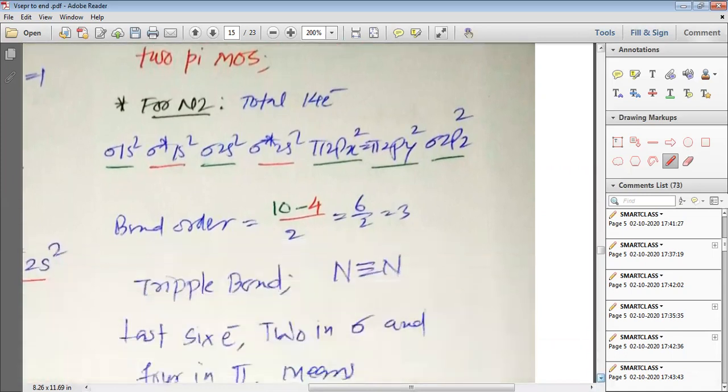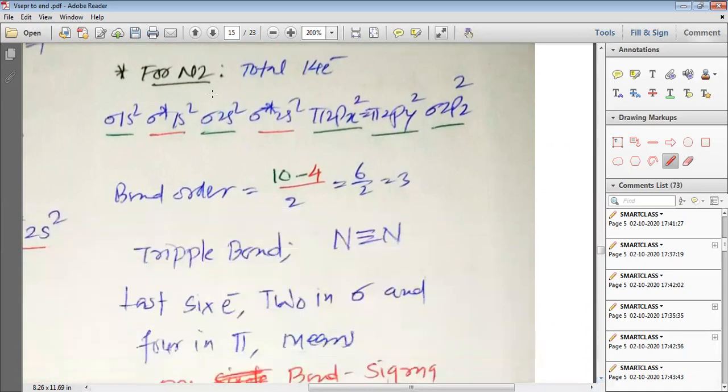The same we can understand for nitrogen. Nitrogen has a total of 14 electrons, so we can have the electronic configuration as sigma 1s2, sigma star 1s2, sigma 2s2, sigma star 2s2, pi 2px2 equal to pi 2py2, and we even have sigma 2pz2. The total electrons present in the BMO are, with the green color, 2 plus 2, 4 plus 2, 6 plus 2, 8 plus 2, 10.